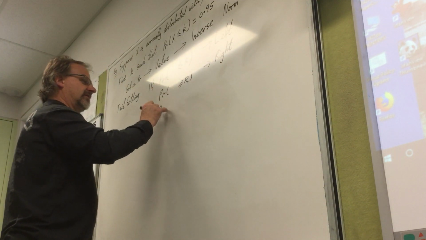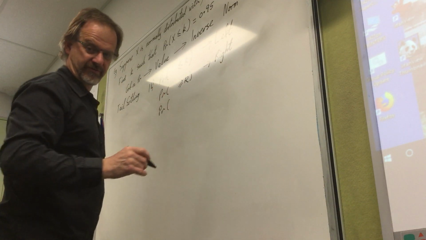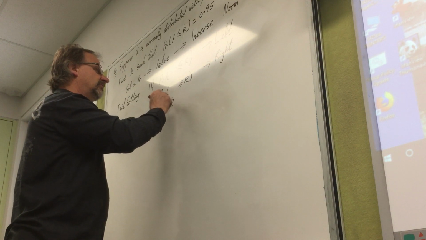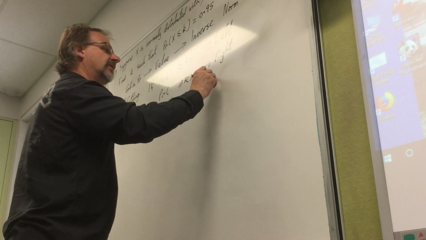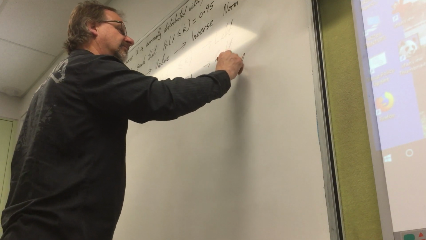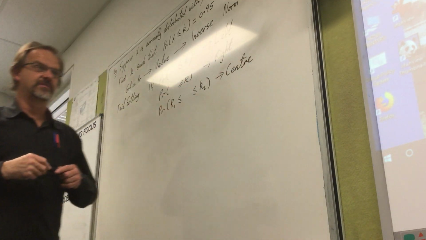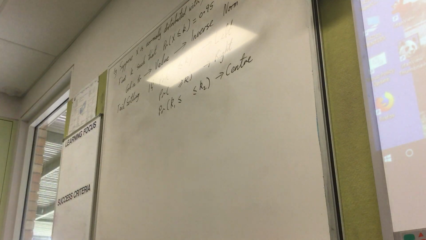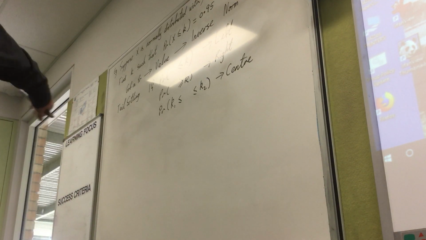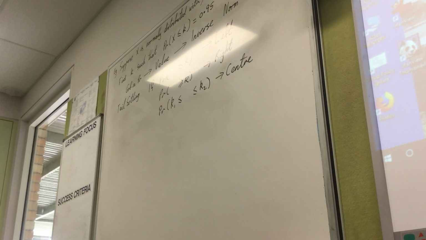And if it's between a couple of different values, then you choose centre. That does make a difference in the calculation. So in this particular one, we want the left, because it's less than, so we go left.